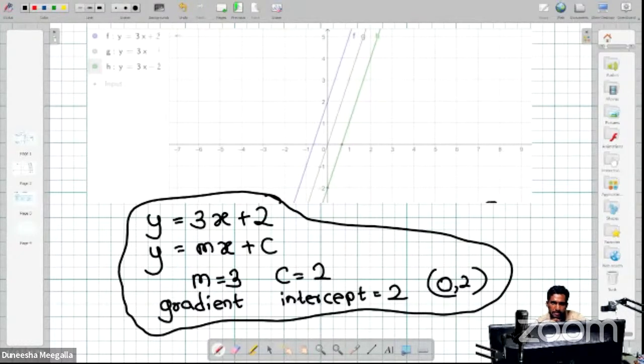If the gradient is equal, what happens? All the functions are parallel to each other, aren't they? All the gradients are equal, then the graphs are parallel to each other. Okay, remember that.